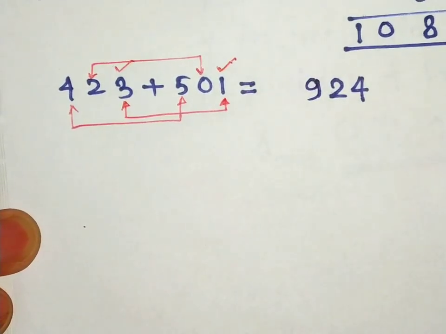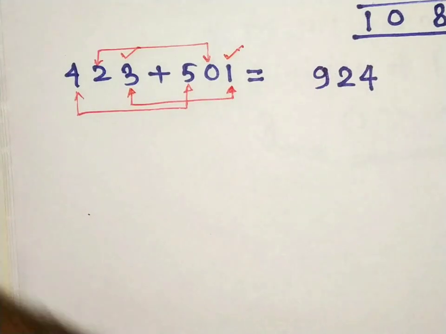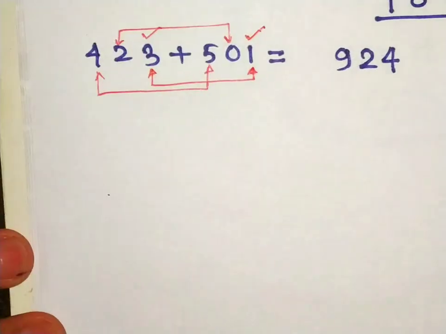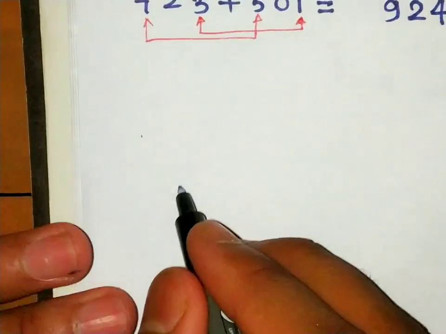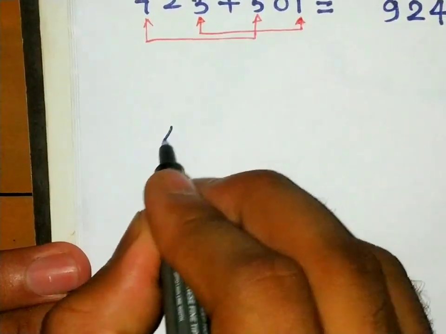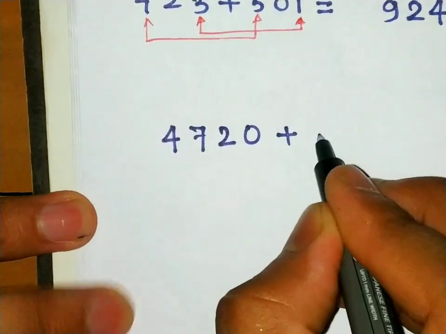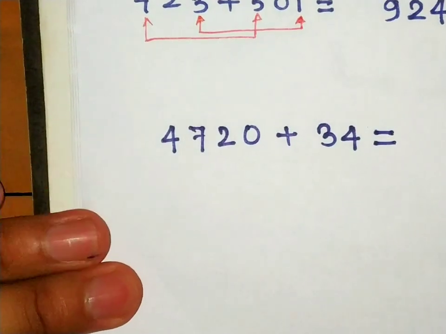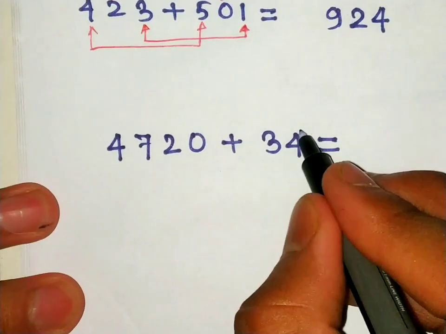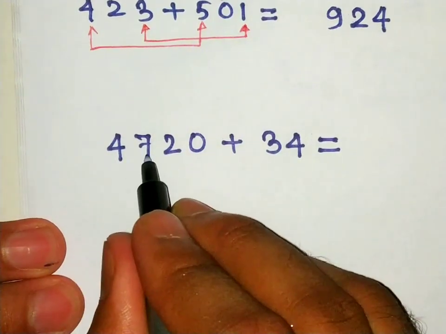So this kind of addition you will see anywhere. So let's come to some more examples, like 4 7 2 0 plus 3 4. How will it add? Simply, here is 34, here is 4720.